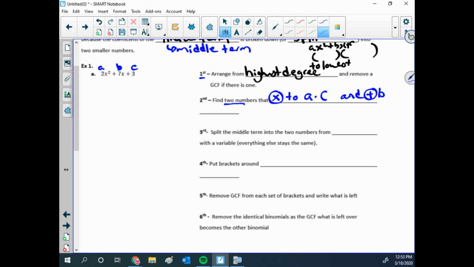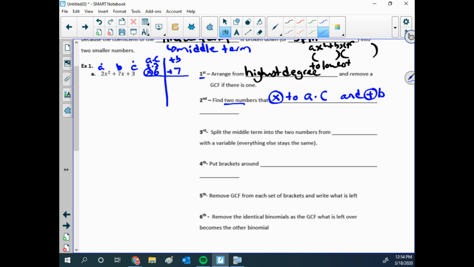In this question, we're looking for two numbers that multiply to A times C and add to B. I always set this little chart up for myself because it helps people keep track. So A times C and add to B. Well, A times C in this example is 2 times 3, so we are looking for numbers that multiply to 6 and add to B, so add to 7.